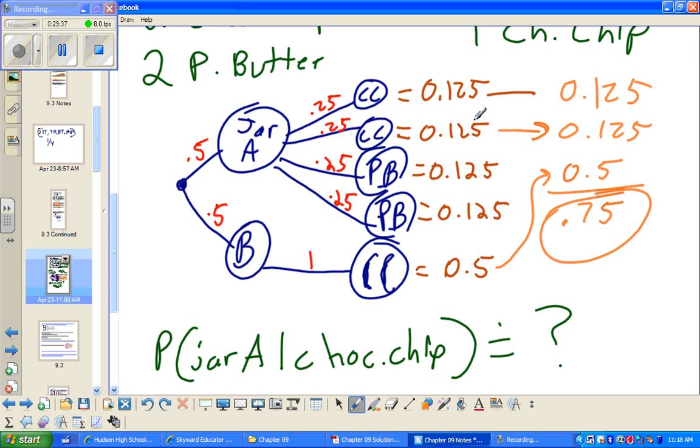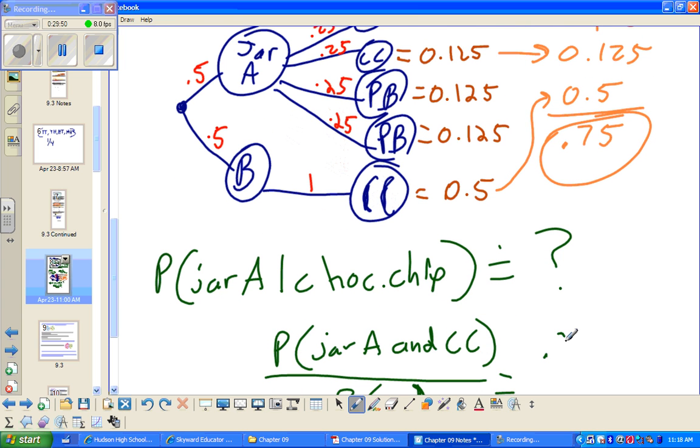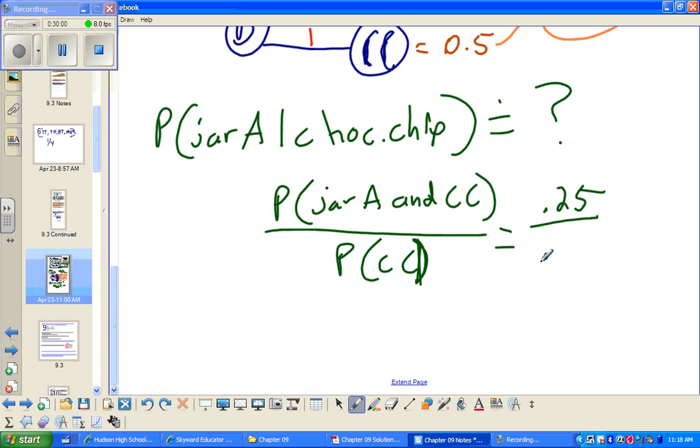These top two are chocolate chip, so it's going to be 0.125 plus 0.125, which is 0.25. So it's 0.25 over the last problem we did, the probability of getting a chocolate chip cookie, which was 0.75. Quite quickly you'd realize that you have a 1/3 chance that the cookie came from jar A. That's how you do that type of problem.